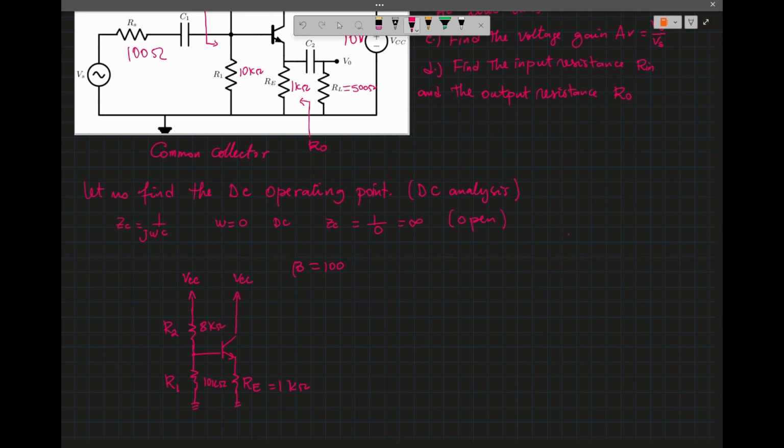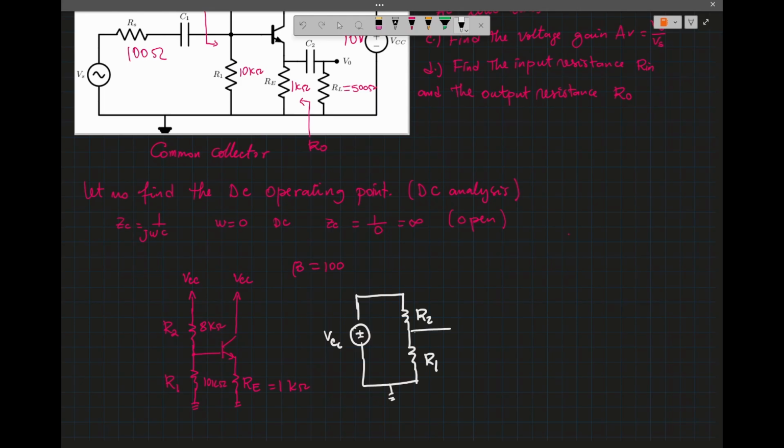All right, to perform the DC analysis, we are going to find the Thevenin equivalent connected to the base. This is VCC, we have R2, and then we have R1, and this connects to ground.